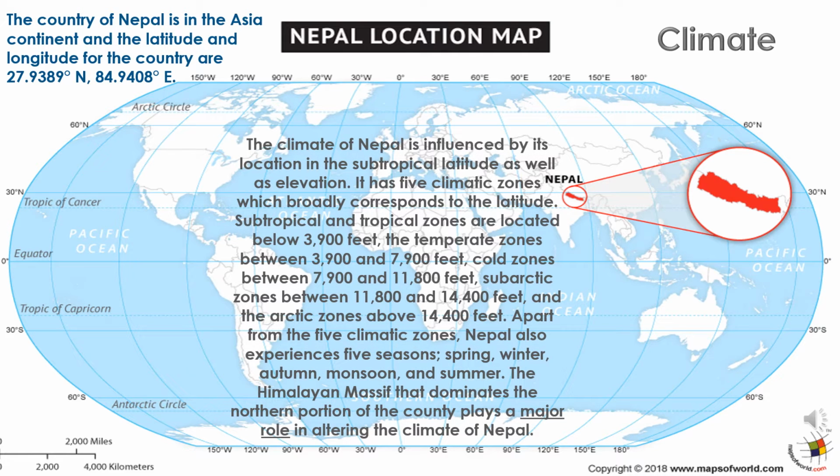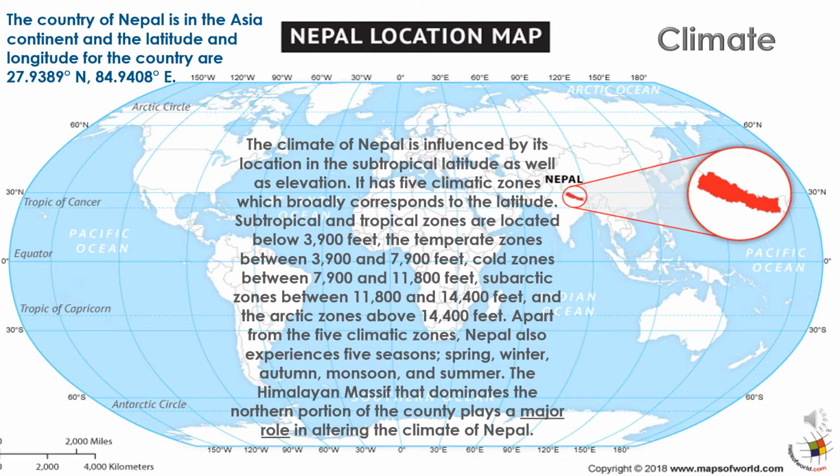Now, let us talk about the climate. The country of Nepal is in the Asian continent, and the estimated latitude and longitude for the country are 28° north and 85° east. The climate of Nepal is influenced by its location in the subtropical latitude as well as elevation. It has 5 climatic zones which broadly correspond to the latitude.